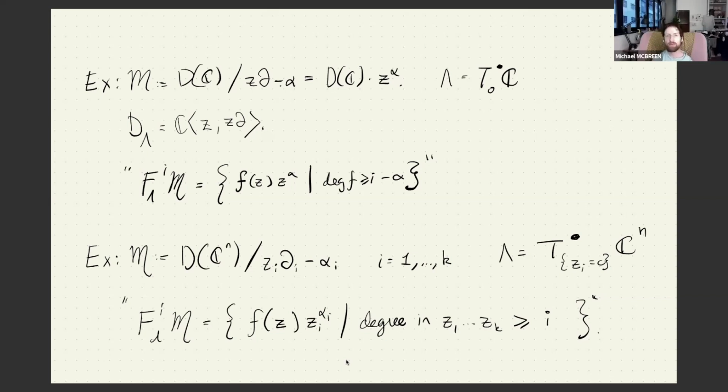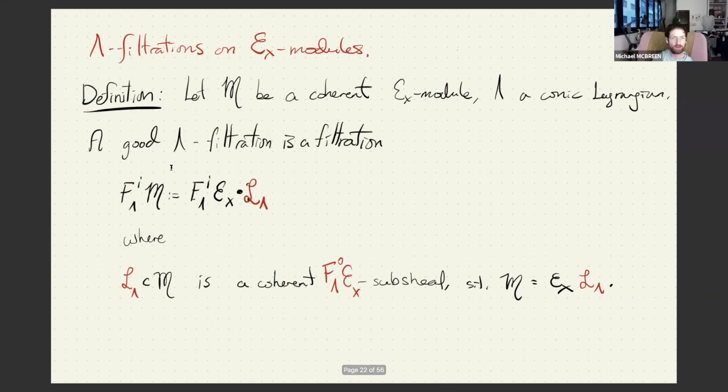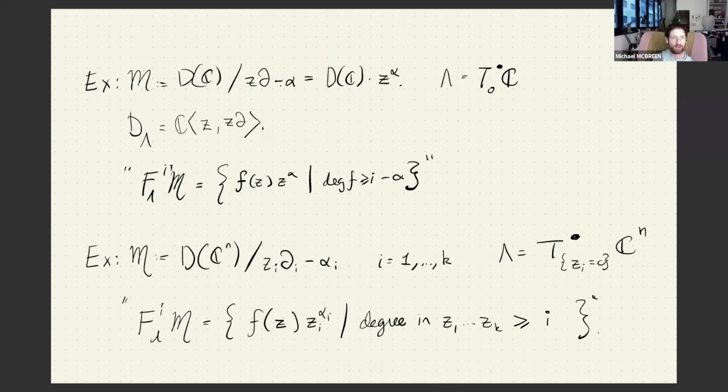And you pick lambda to be, then, sorry, this D sub lambda notation, I forgot to explain that. It's just the 0th step of our F lambda filtration.